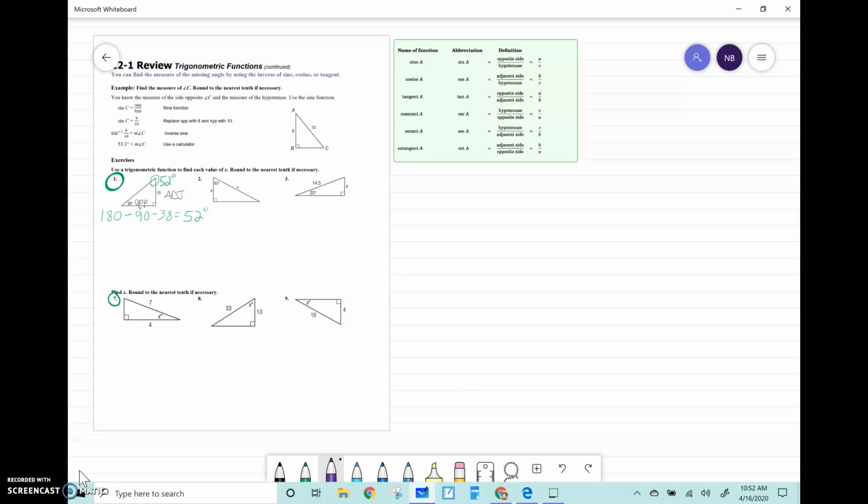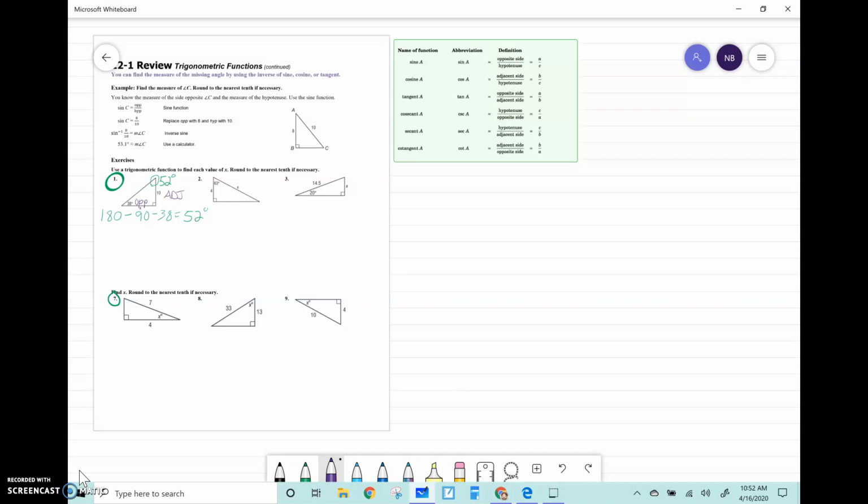All right, so what we can do here is look at what we have. We have adjacent and opposite, but we don't know what the opposite side is. So we want to get either sine, cosine, or tangent, and we want to pick the one with opposite side and adjacent side. And if we look at tangent right here, we've got opposite over adjacent.